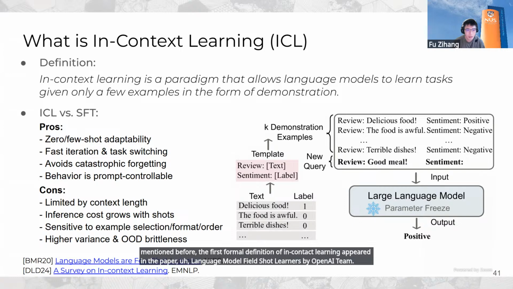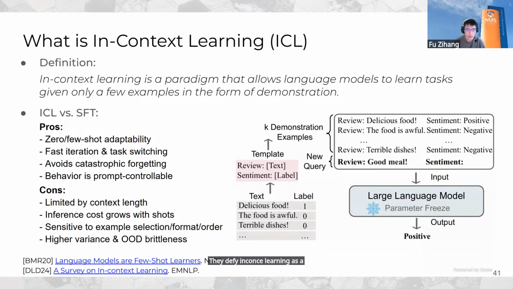They define in-context learning as a paradigm that allows language models to learn tasks given only a few examples in the form of demonstrations. We just place K demonstrations that follow a simple template, then add a new query in the same format. The frozen model completes the pattern with no gradient steps and no weight updates, just conditioning on the examples.